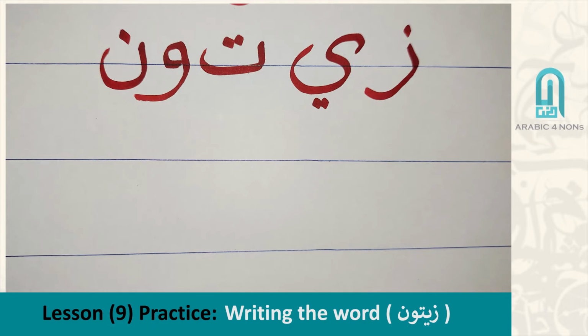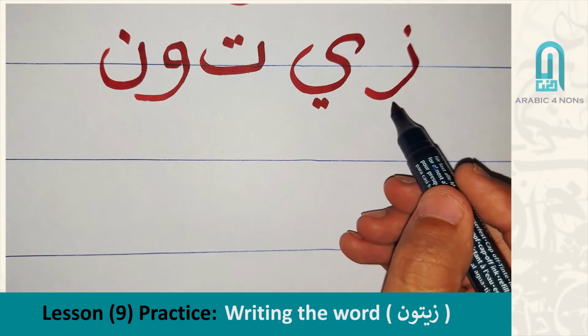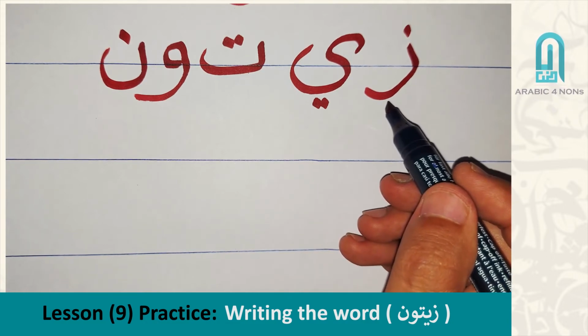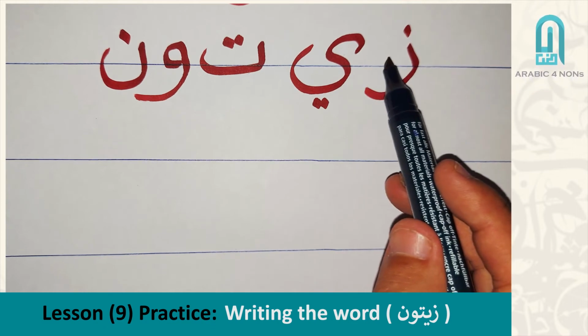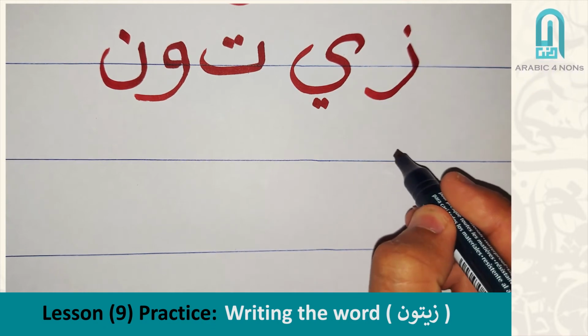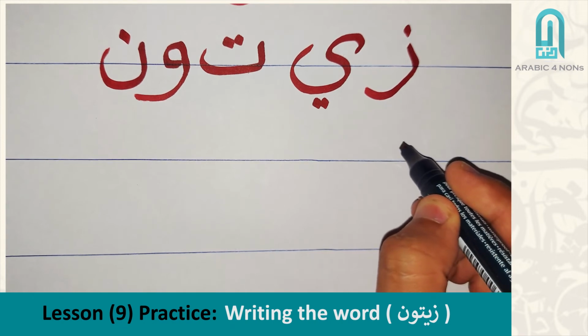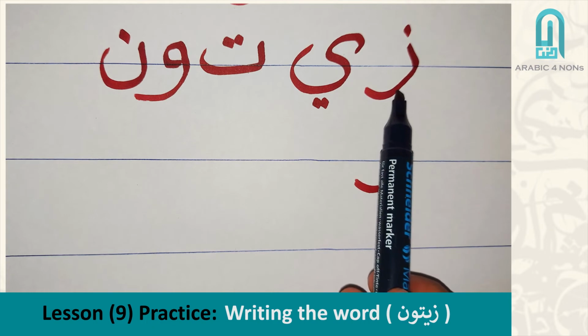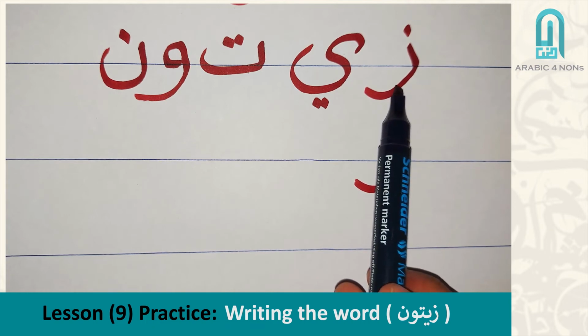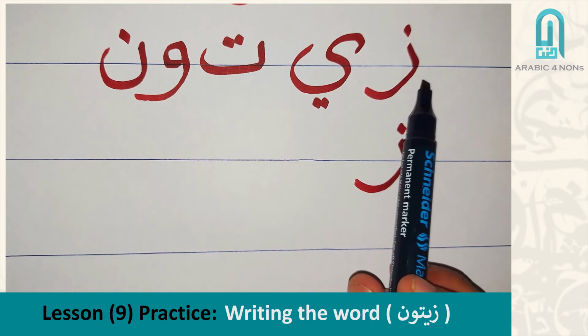Now the next step is to shape each letter based on its position or based on its face. This one obviously is a start face. So as long as this one cannot be joined from the left, we write it the same, like this.